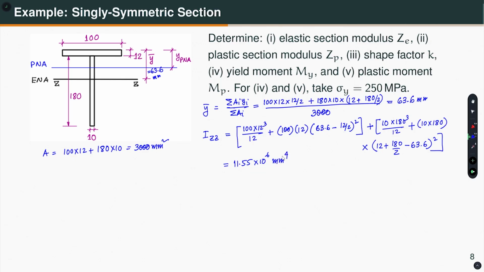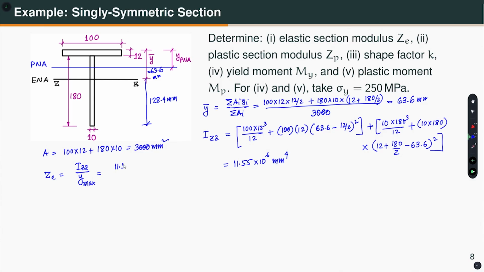So, what is the elastic section modulus ZE? ZE is equal to IZZ divided by Y max. So, what is my Y max? Well, if this is 63.6, then how much is this distance? This distance is going to be 128.4 millimeter. So, Y max is 128.4.